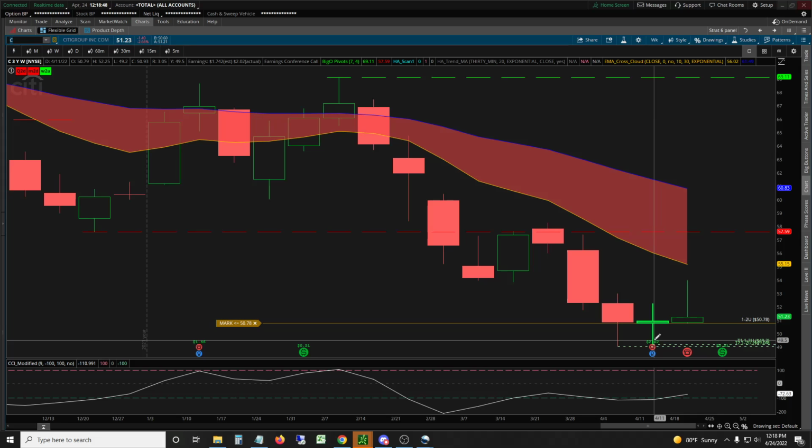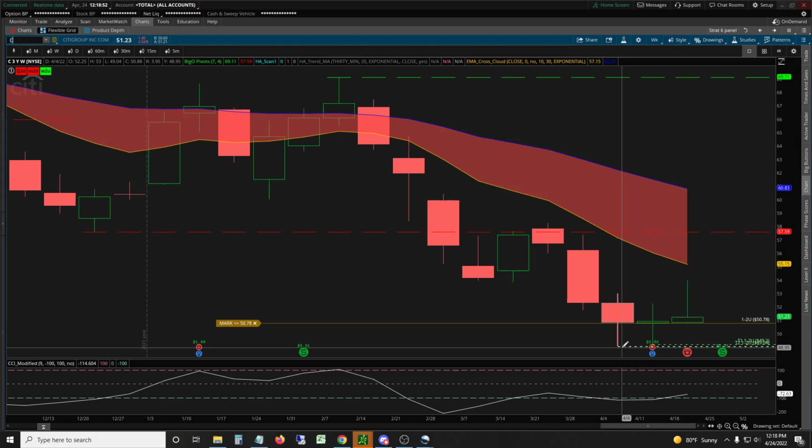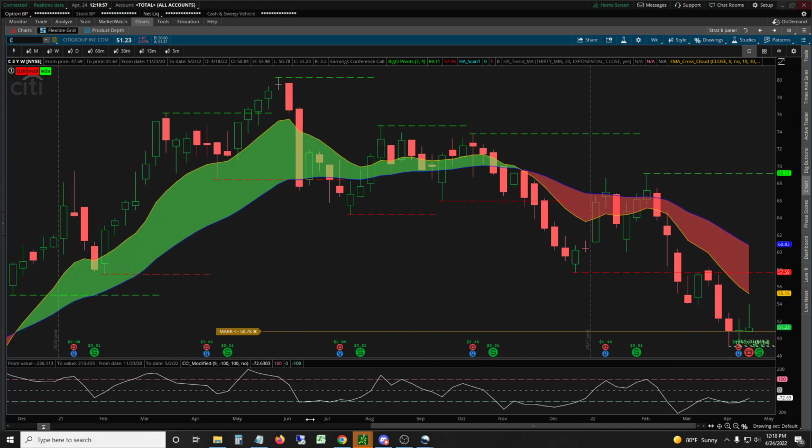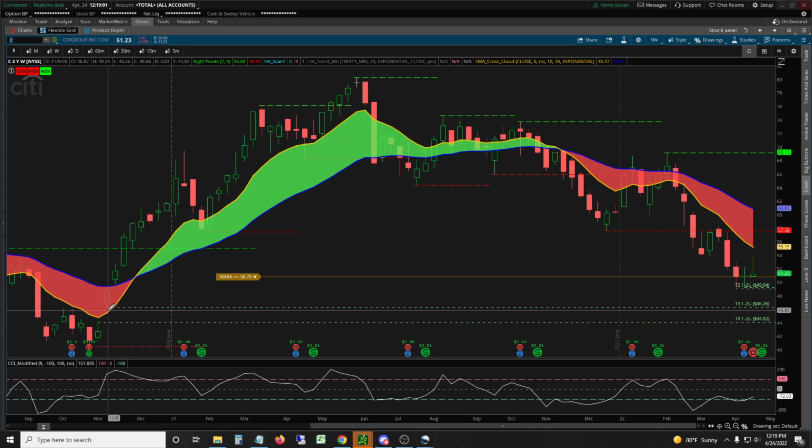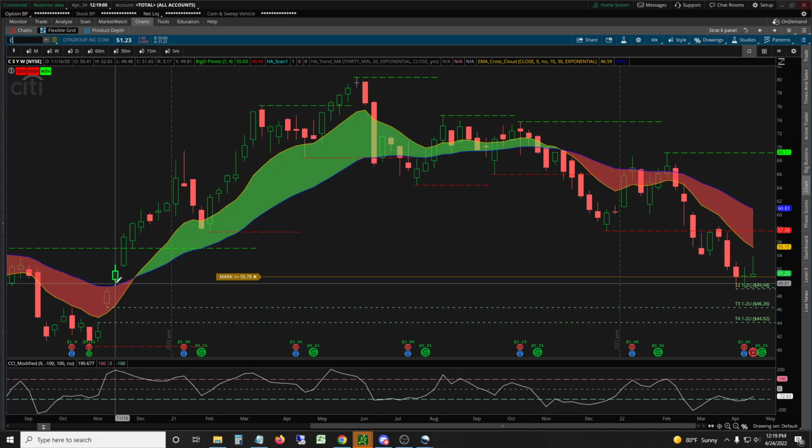Target 1 will be this candle here, the low of this candle at 49.20. Target 2 is going to be the low of this candle here at 49.04. And if we come back far enough, we have target 3 here, and I only added these because there's a gap here. We actually also have a gap here, 49.48.